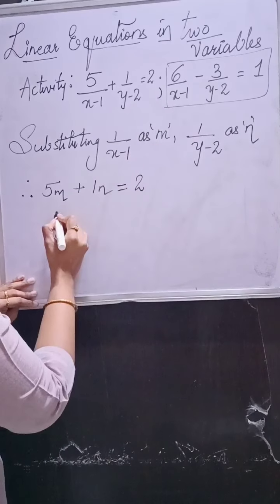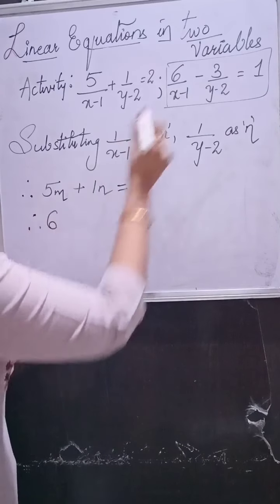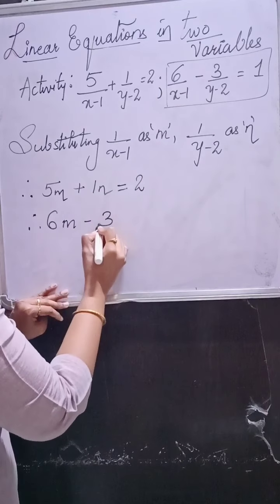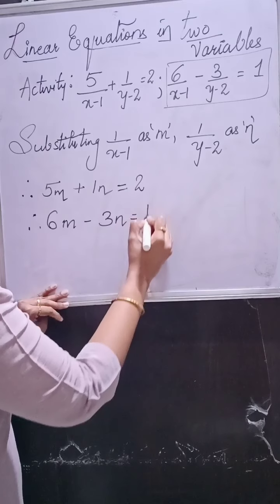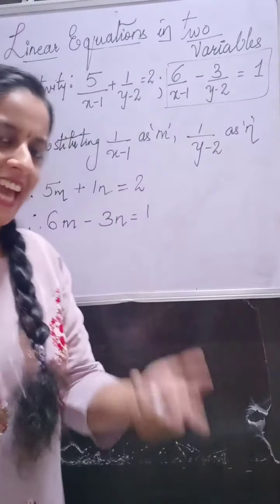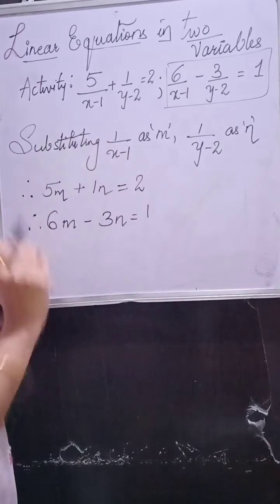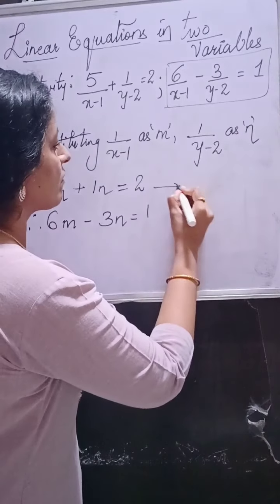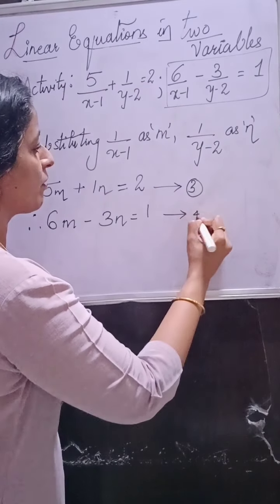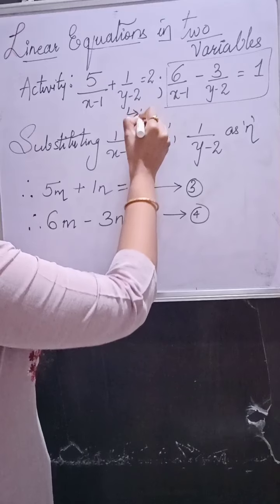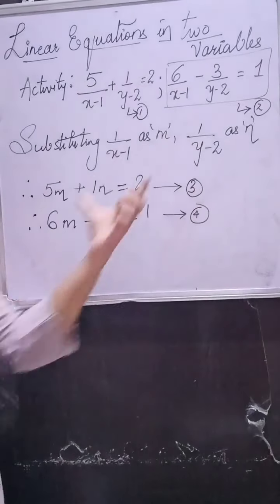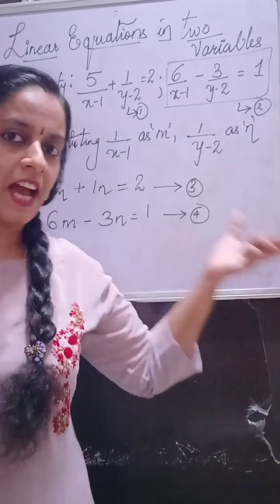Second equation: 6 into 1 upon x minus 1, which is m, minus 3 into n equal to 1. So we substituted 1 upon y minus 2 as n and we get two new equations. This equation we will call number 3 and this one number 4. So these will be numbers 1 and 2, and the new equations 3 and 4.